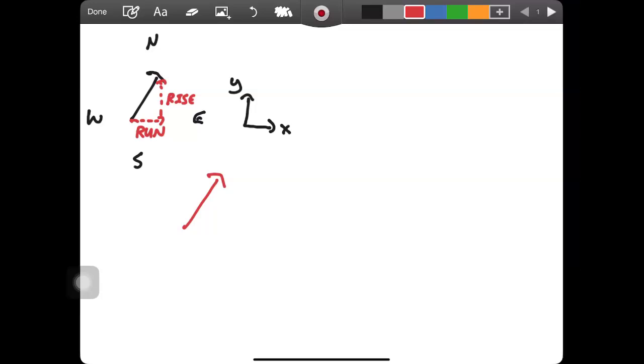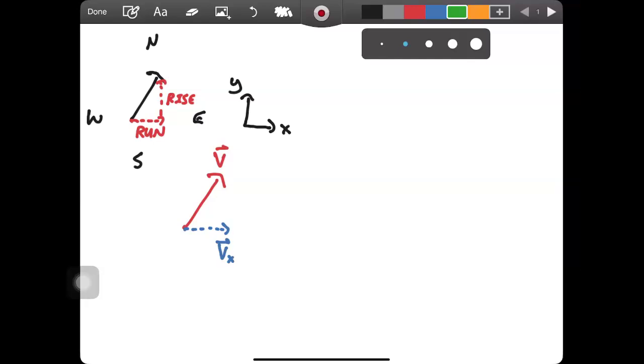And we are going to ask ourselves, okay, well, how much run is there? In other words, if I'm going to call this vector V, then this component would be the X component of V, all right?